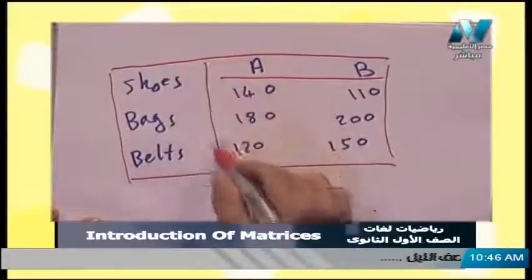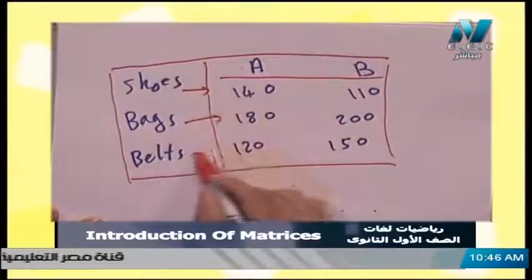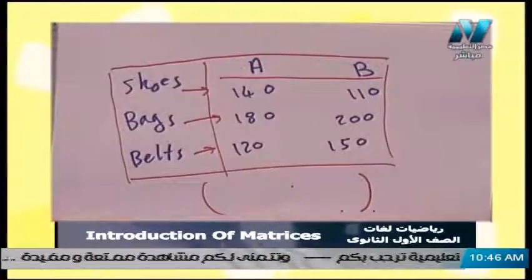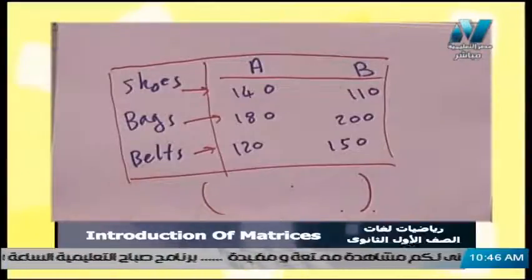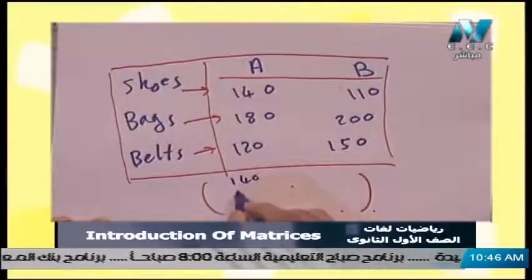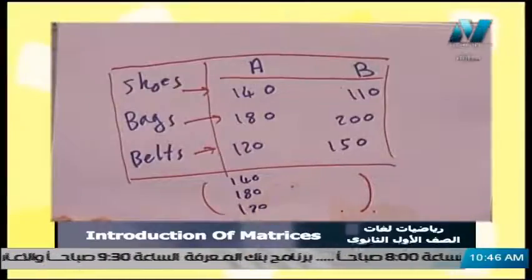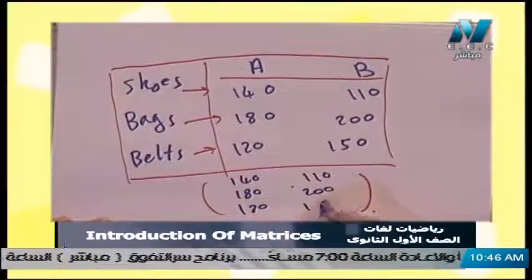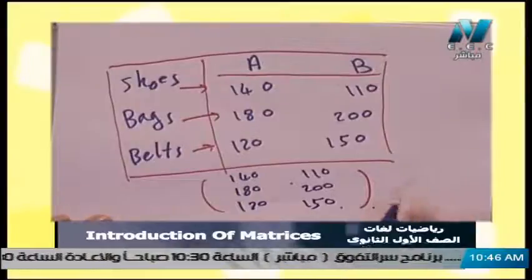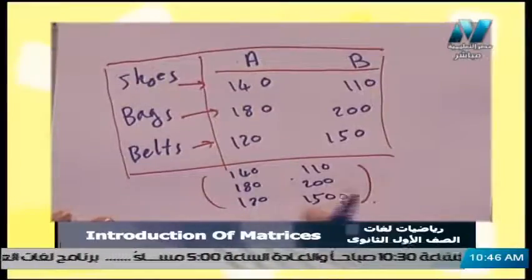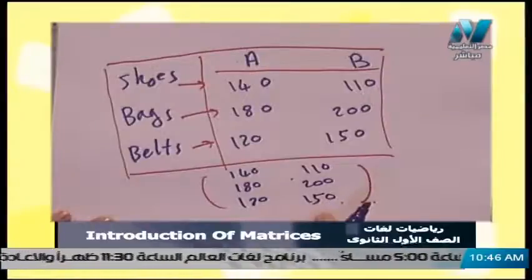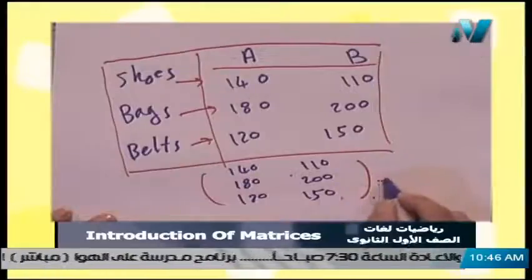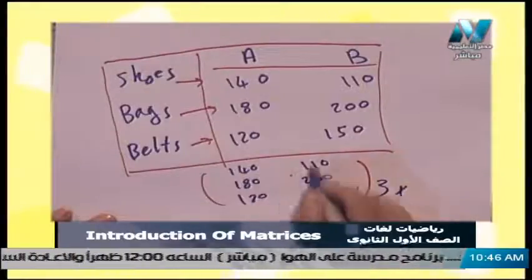Okay, and we can write them as a matrix like that. We write 140, 180, 120, and this side we write 110, 200, 150. So here we have written this data as another matrix, but how many rows does this matrix have? It has 3 rows by 2 columns.